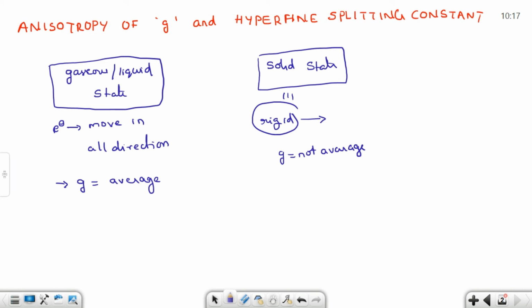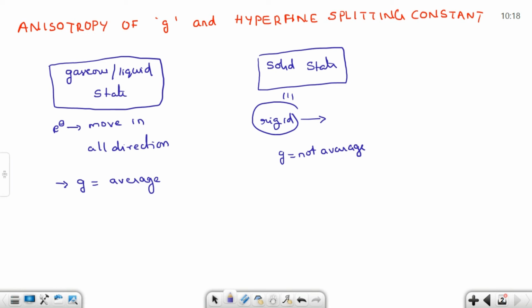So friends, in gaseous or liquid state, the molecules move freely in all directions, therefore the electron can also move freely. That's why the G value is taken as an average of all the molecules. The solid state is rigid, so the molecules cannot move in all directions freely, and G is not taken as the average value.